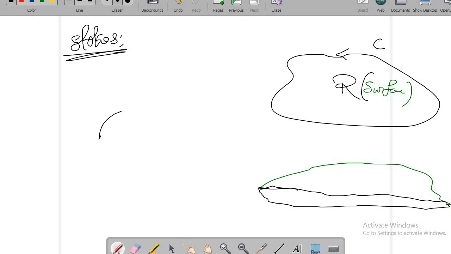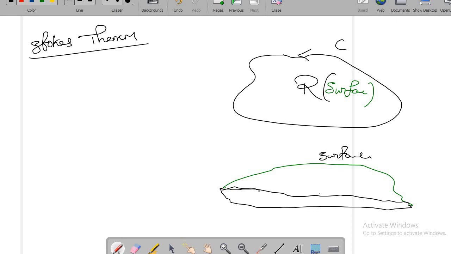For example, if you take an upper hemisphere, you can see the surface, and the boundary is nothing but a circle. Now if you have a surface like this, Stokes theorem will give you the relation between the surface integral and the line integral. You have a surface here and you have a closed curve C here.